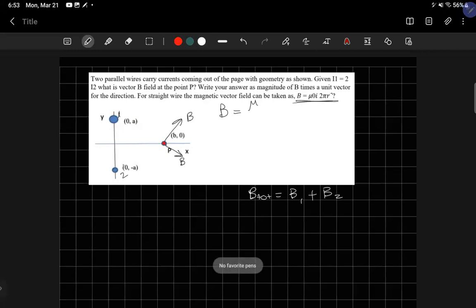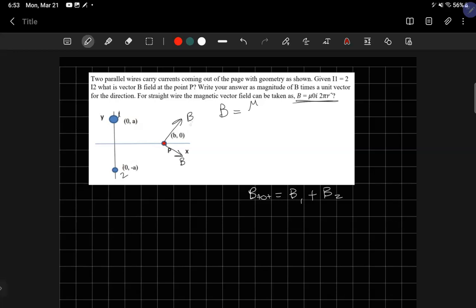Make sure I'm doing this right. The I2 is in the B negative A direction.